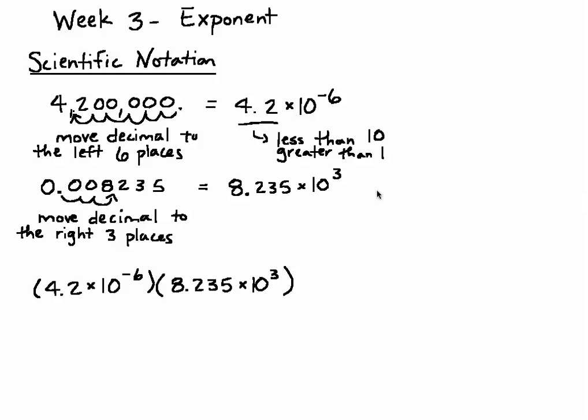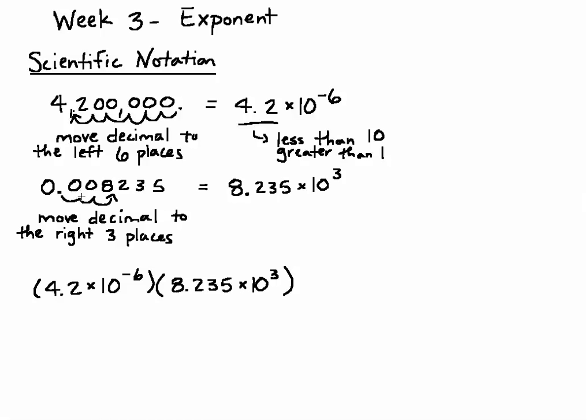And in the second number, we have a very small number, 0.008235. To convert this to scientific notation, we do the same thing, except this time we're moving the decimal place to the right 3 places.